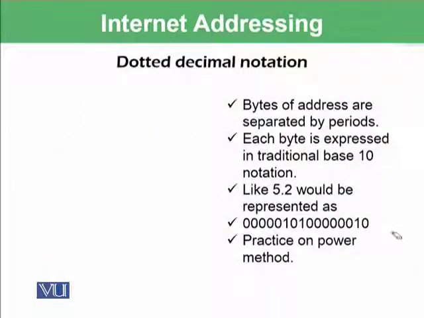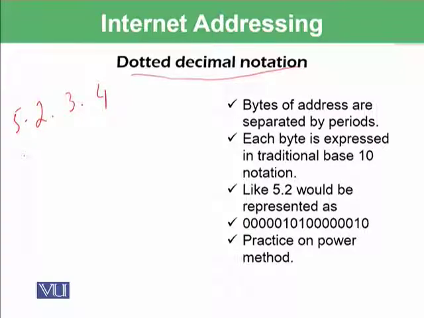To represent IP addresses, we use dotted decimal notation. For example, if there is an IP address like 5.2.3.4, we will represent each number in 8 bits.